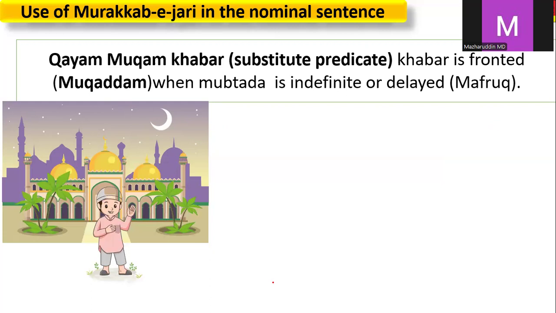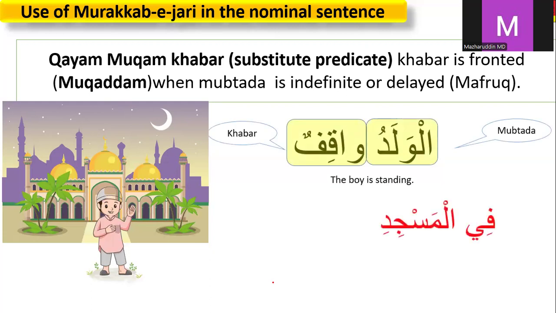As you know, what is the rule of mubtada? It is mostly definite and it comes at the beginning. But when it is indefinite, it doesn't begin the sentence. So at that time we take murakkabe jari at the beginning, like fil masjidi, and then waladun.